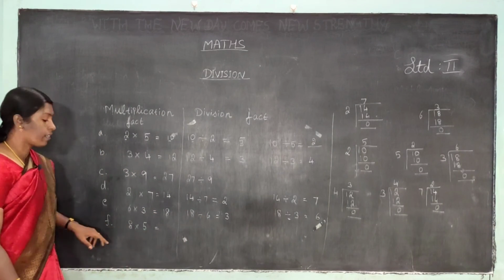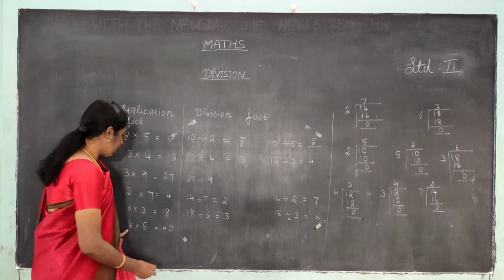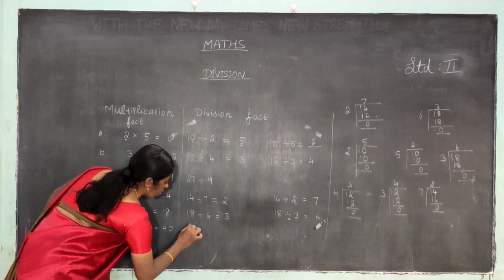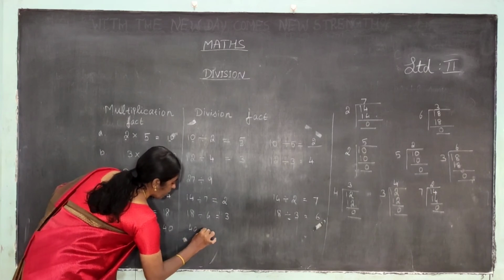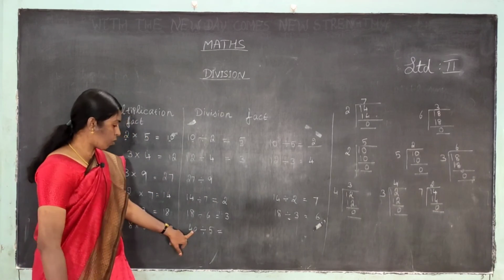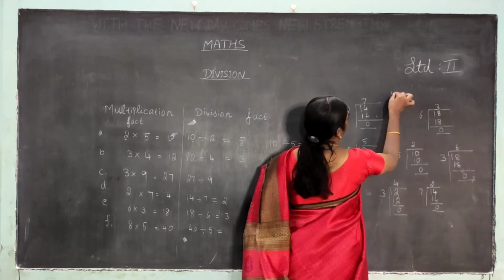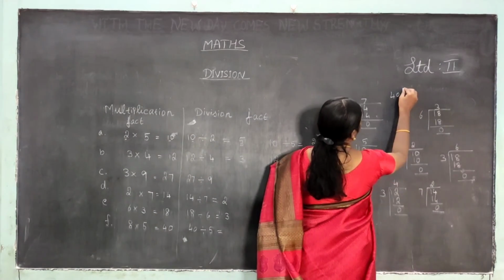Okay. 8 5s are 40. Okay. Here what we are going to write? 40 divided by 5. You write first 5. Okay. Now we are going to divide 40 by 5.